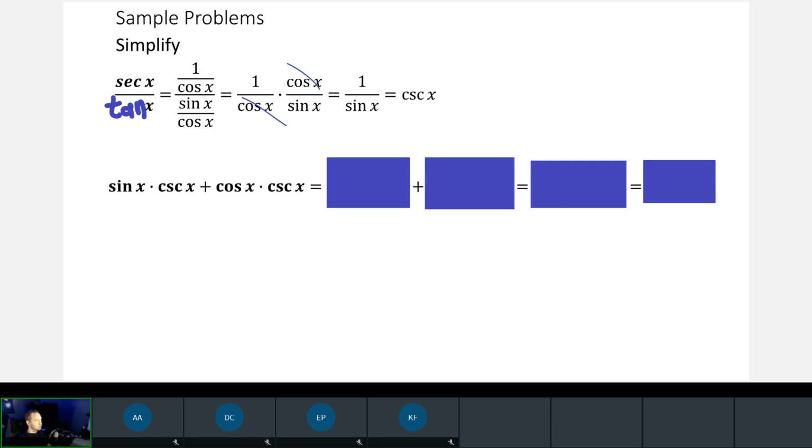So let's take a look. Is close. I got 1 plus cotangent of x. I misread the cosecant in the second part, the cos x times cosecant.